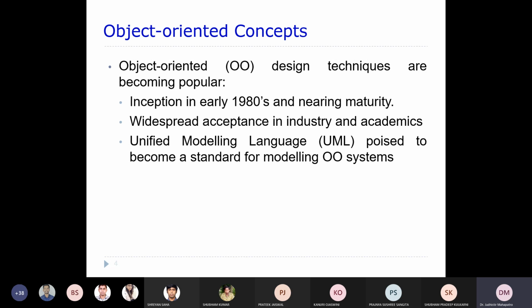Also, the Unified Modeling Language, UML, is poised to become a standard for modeling object-oriented systems. We'll talk about UML a little more, but before that we'll talk about the object-oriented concepts.